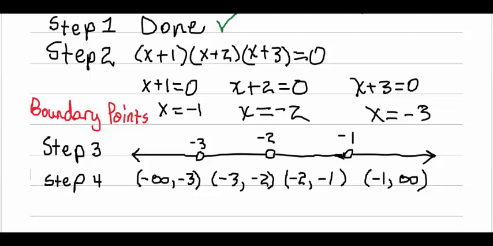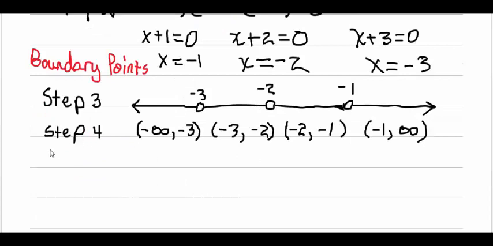Okay, so what we're going to do is pick a test number that lies in each interval. And where you have to be careful is that you actually are picking a test number in the interval. So anything smaller than -3 can be used as a test number. I'm going to use x equal to -4.